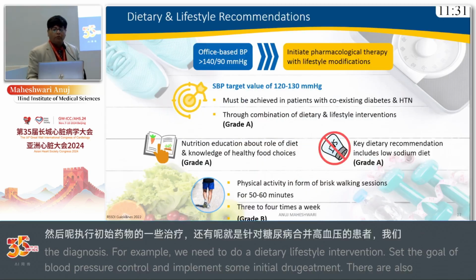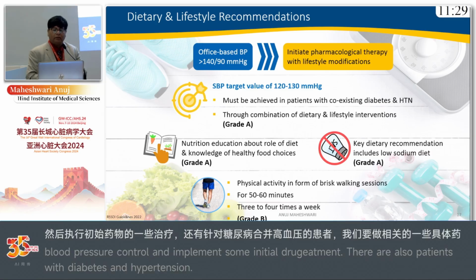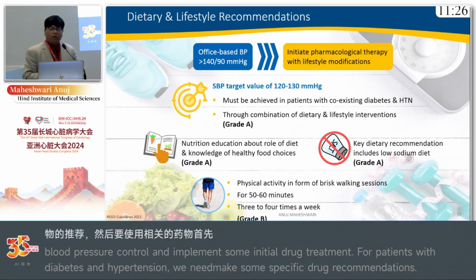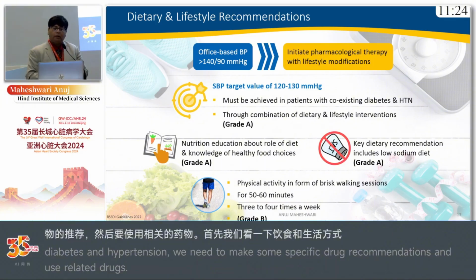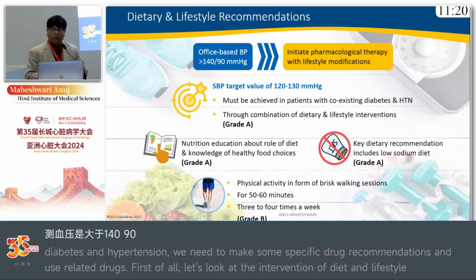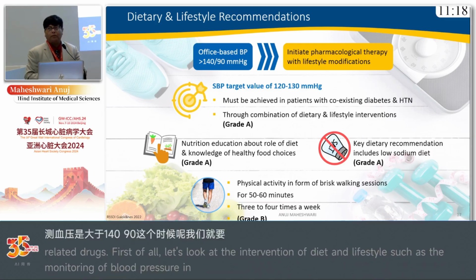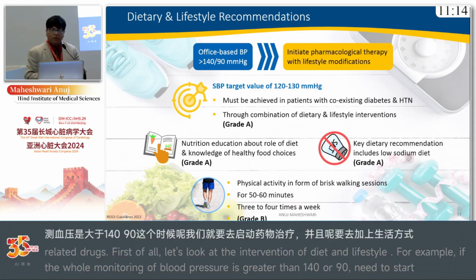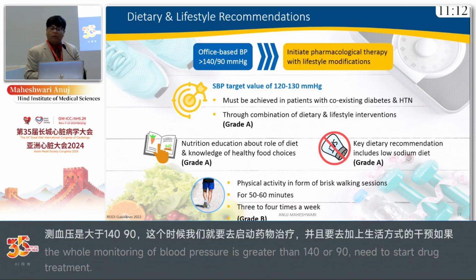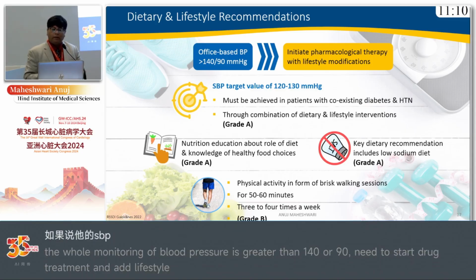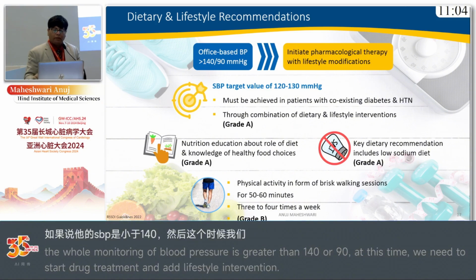So if we talk about the dietary and lifestyle recommendation, it is recommended that if office-based blood pressure is found to be more than 140/90, we should start pharmacological treatment together with lifestyle modification. But if the patient is ranging less than 140, then only non-pharmacological methods are recommended to be started with. Systolic blood pressure target value should be kept between 120 to 130.